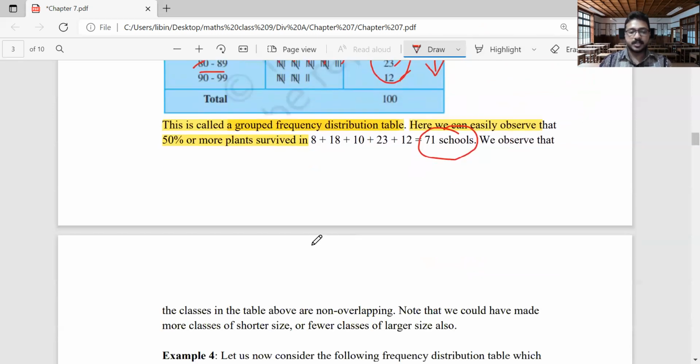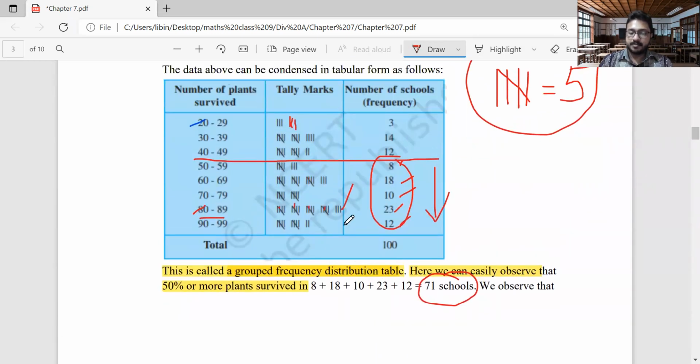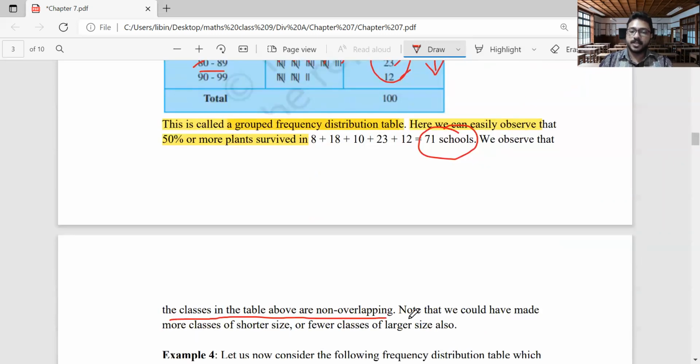Okay, and another thing, the classes in the table above are non-overlapping. Non-overlapping means the number which lies in one class interval is not included in the next interval. Note that we could have made more classes of shorter size or fewer classes of larger size also.